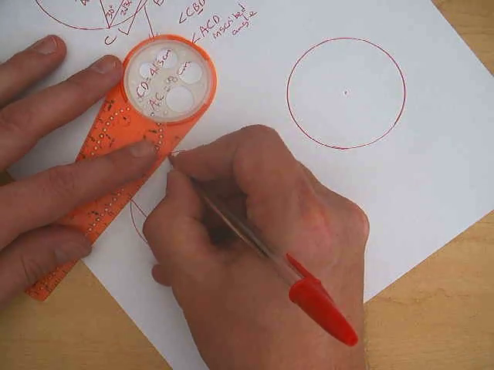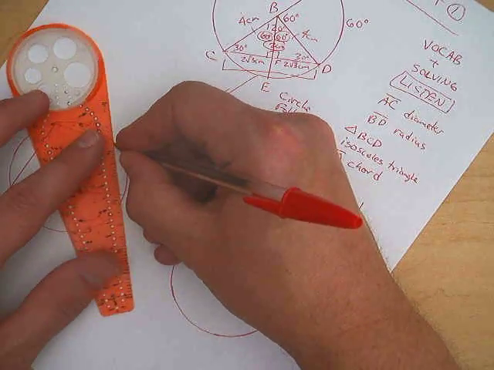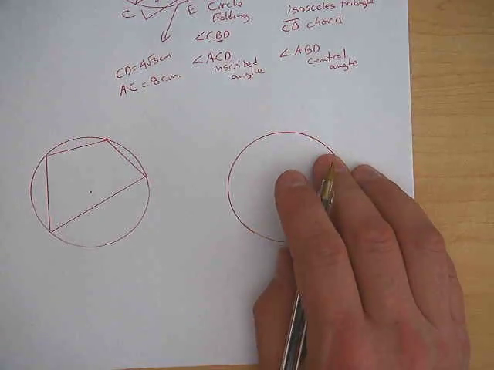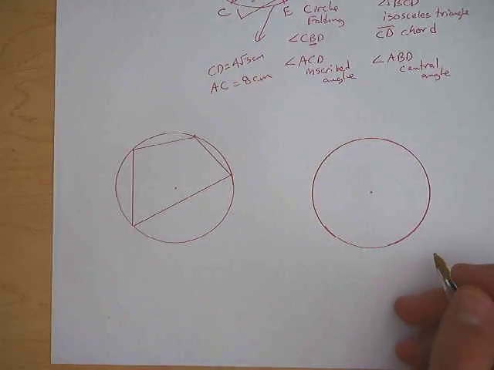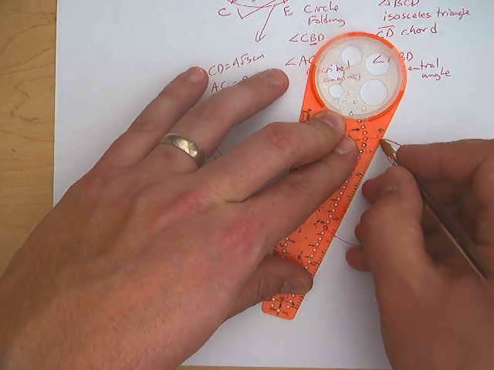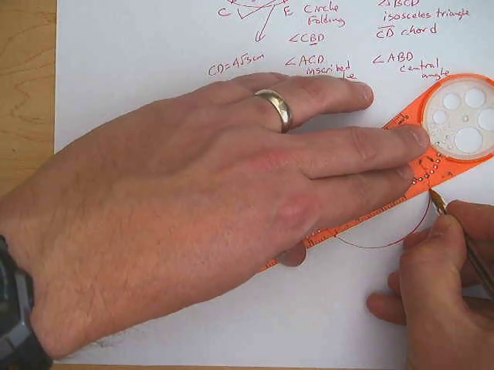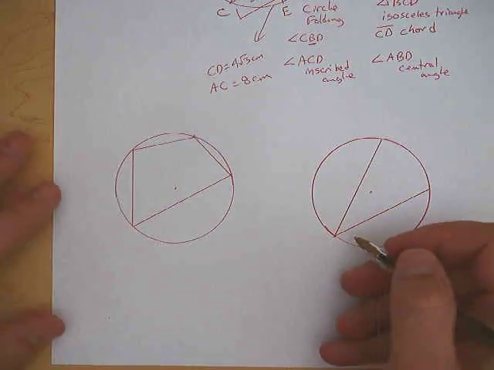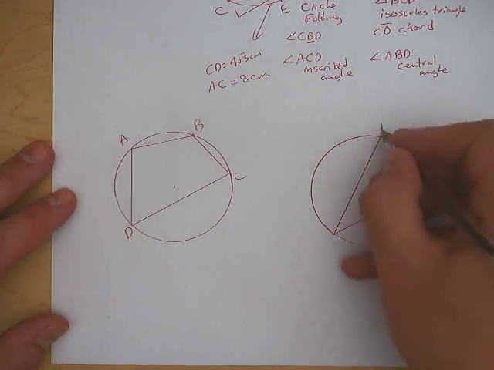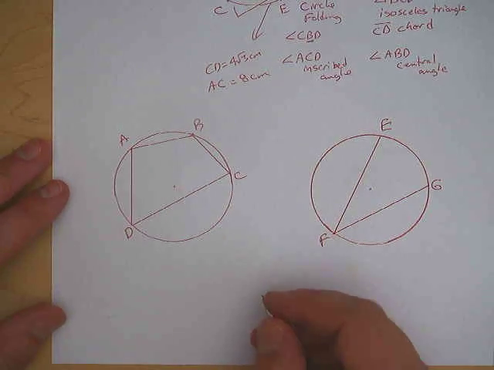Remember, an inscribed quadrilateral means that all the vertices are on the circle. Now I'm also going to make an inscribed angle here.